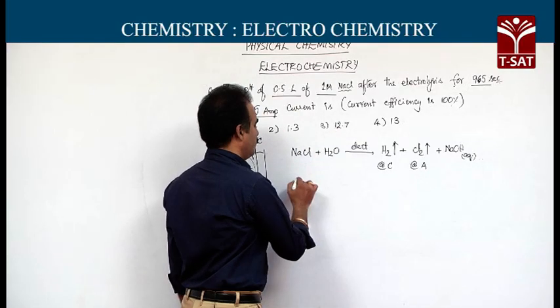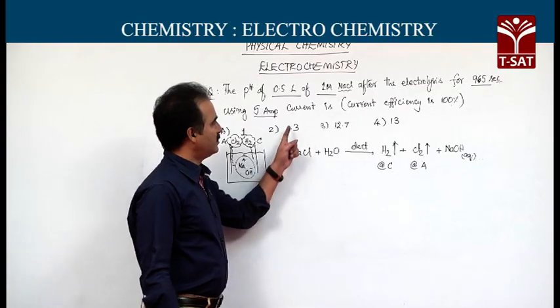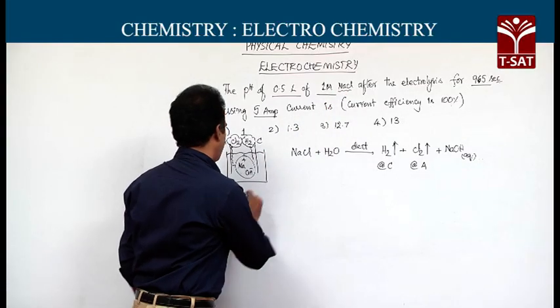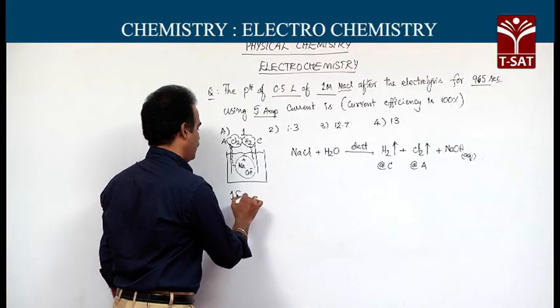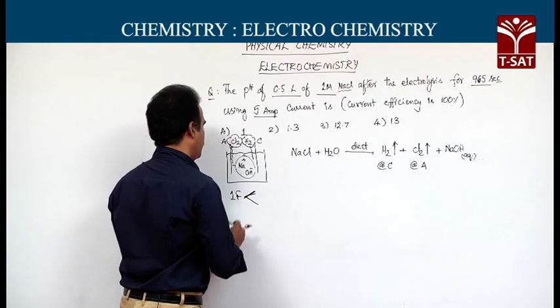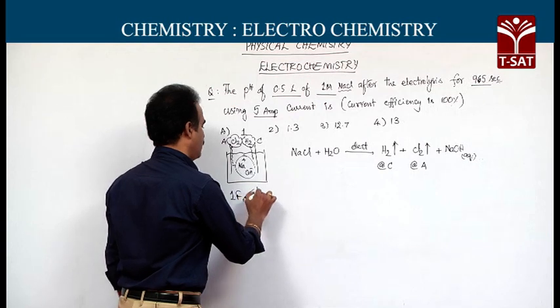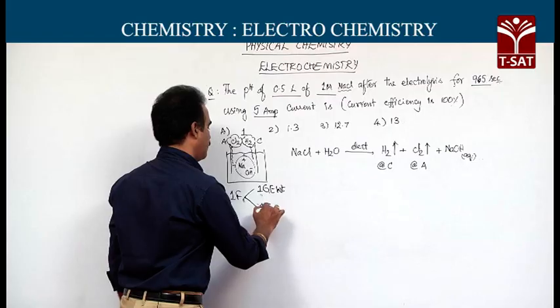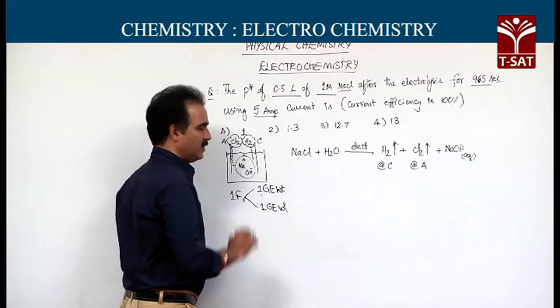So, we know 1 Faraday of current always deals with 1 equivalent of the electrolyte. So, we have one more, 1 Faraday is always related to 1 gram equivalent weight of electrolyte or 1 gram equivalent volume of the gas.